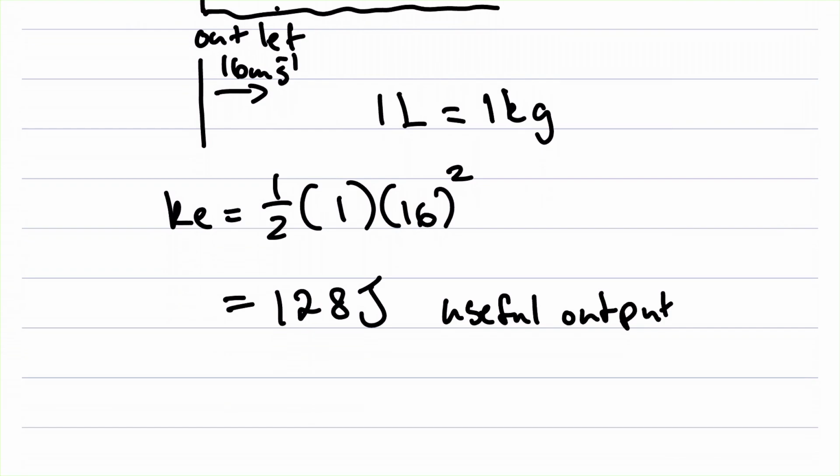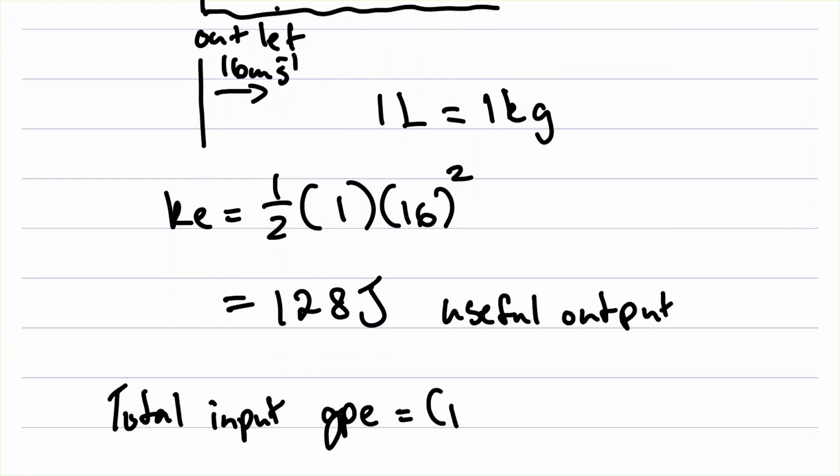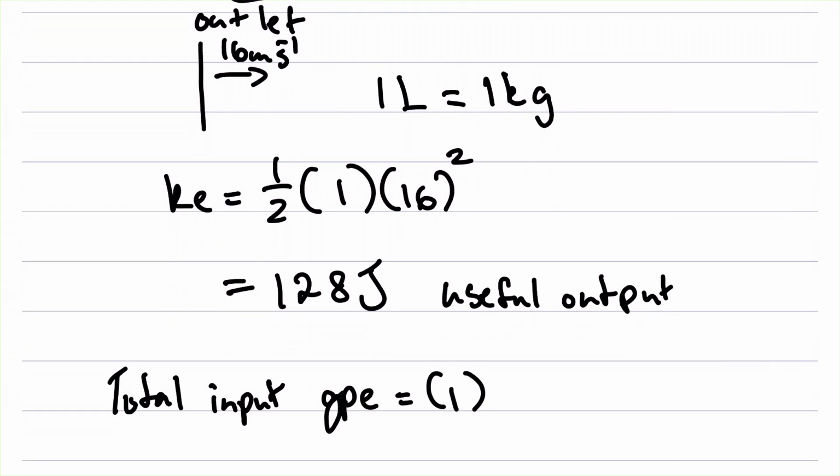Then the total input energy is going to be our gravitational potential energy, which is equal to mass times gravity times height. So 1 times 9.81 times the height, which was 20 meters, as we gave above.